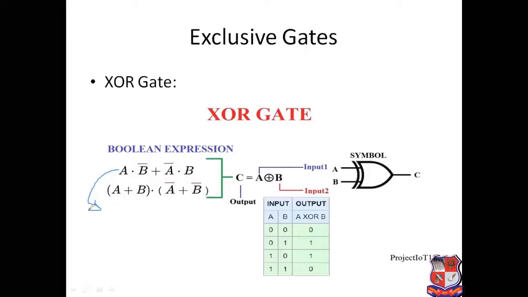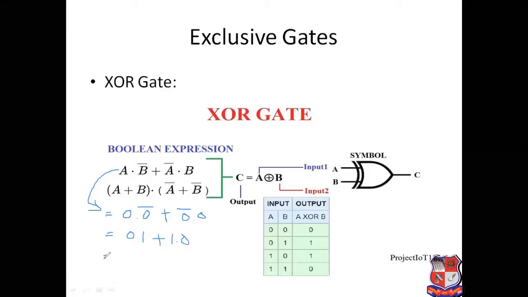So if I put both the values 0, 0, then here it is 0 into 0 bar plus 0 bar into 0. Now we have seen what the value of 0 bar is. 0 multiplied with 0 bar, which is 1; same, 0 bar is 1 and 0 is the same as 0.